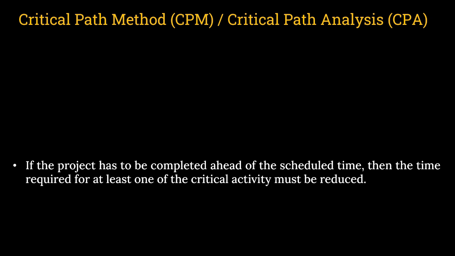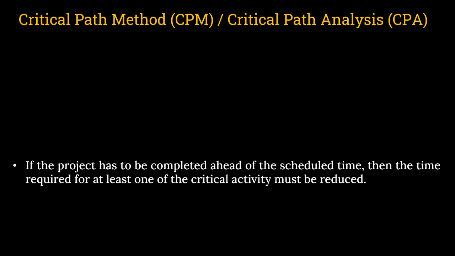If the network is saying that 14 days is the longest time, and that is also the shortest time to complete the project without delay on the critical path, and now you want to reduce it further by at least 1 day, you need to reduce at least 1 day in any of the critical activities to reduce the total project time.